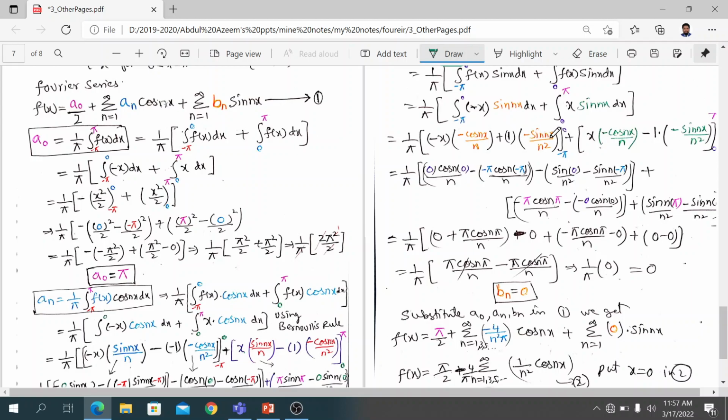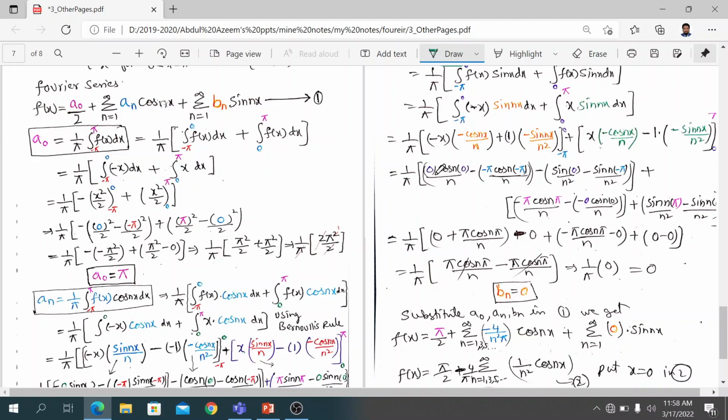Wherever sin is there, you will get 0 when you apply 0 and pi. Now plus x, minus, here see, minus pi cos n pi by n minus the formula 0 cos n 0 by n, plus the last term, minus into minus plus, wherever x is there, pi by n square sin 0 by n square.